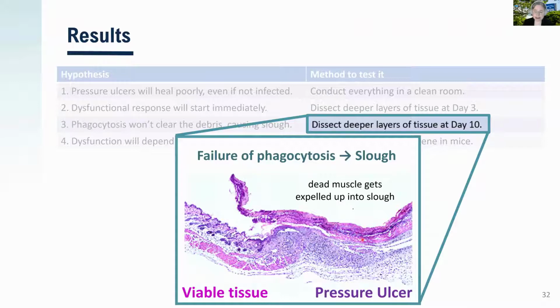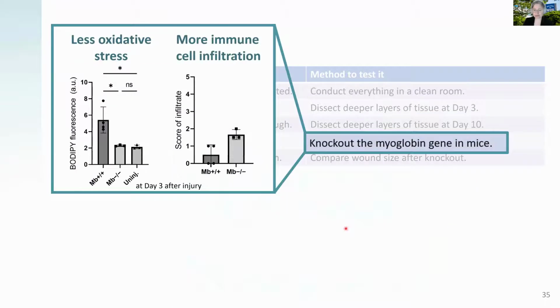The slough, you can see, contains skin, fat, and muscle inside it. There's work coming out in the International Wound Infection Initiative. That's a multi-continental consortium that's analyzing proteins and proteomics from wound slough.